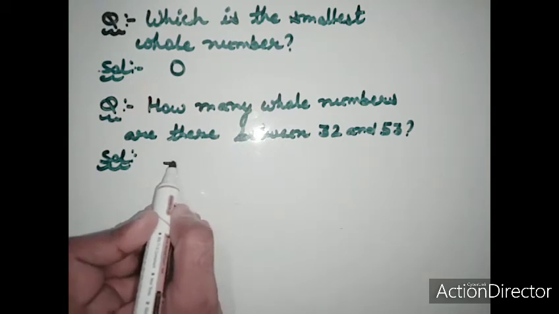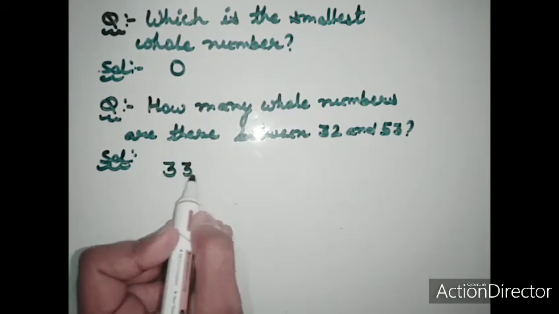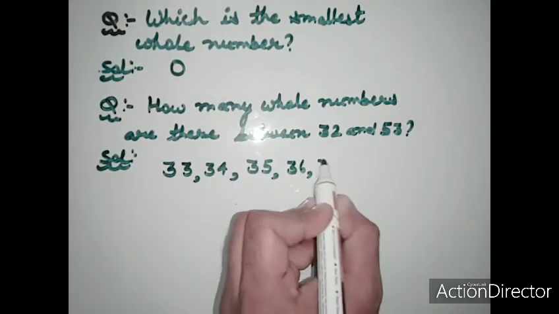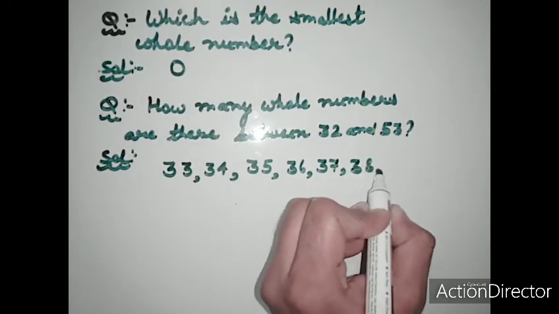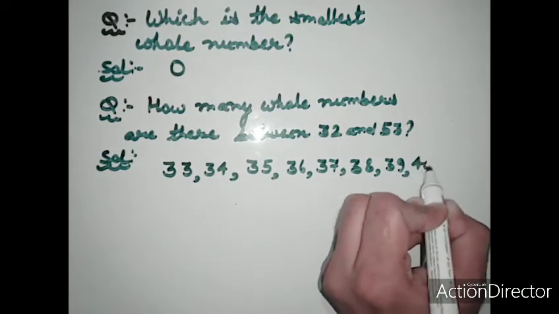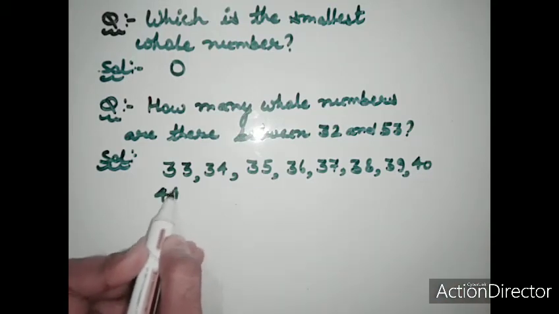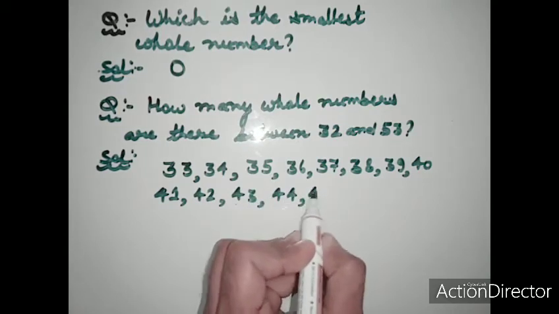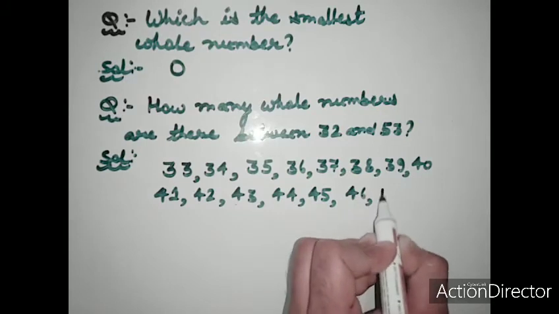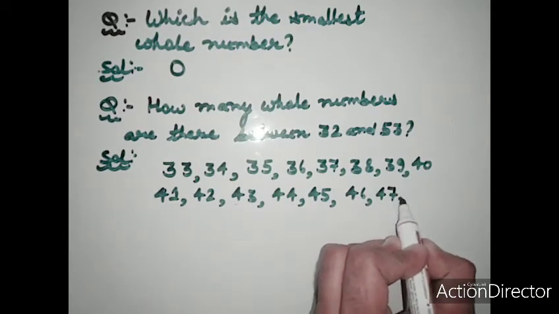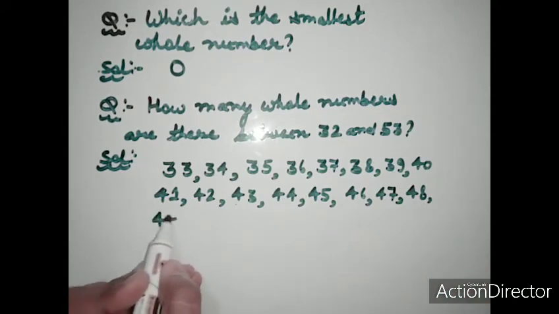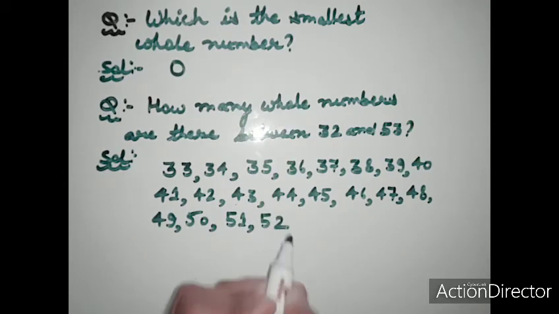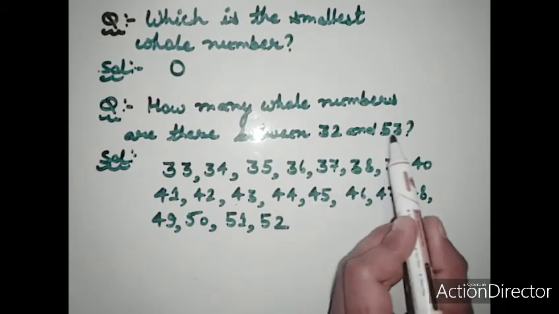So here we write 33, 34, 35, 36, 37, 38, 39, 40, 41, 42, 43, 44, 45, 46, 47, 48, 49, 50, 51 and 52, because here we write numbers between 32 and 53.